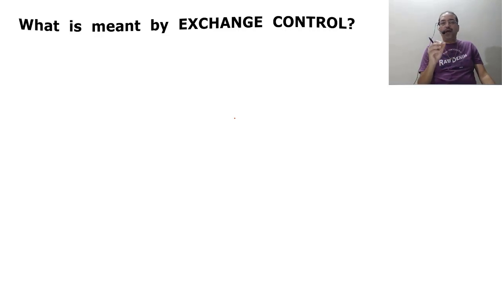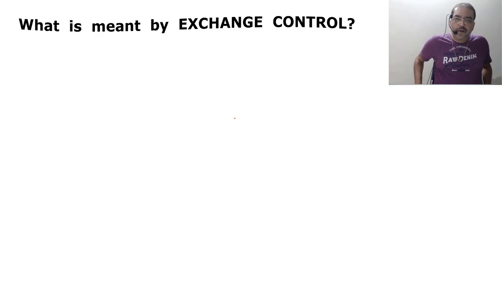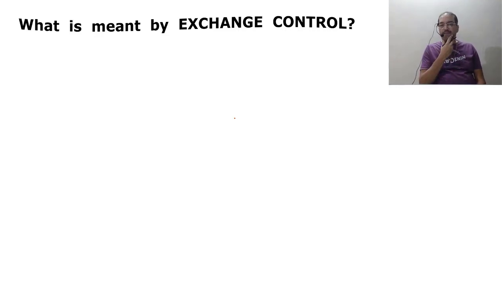For that purpose, we have an authority or agency which will decide the rules and regulations. As such, we normally say that the foreign exchange rate is fixed as per the forces of demand and supply. But even then, to regulate demand and supply, we require a centralized agency which will set down certain rules and regulations for the free play of the forces in the foreign exchange market. So, let us see what is that particular exchange control that we are having.